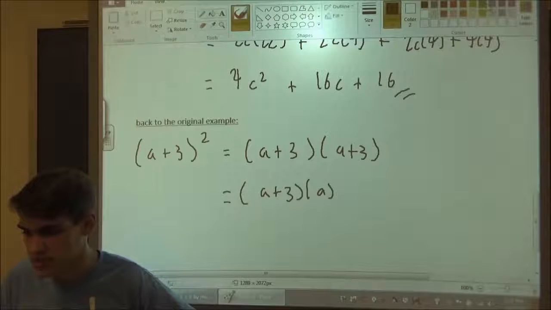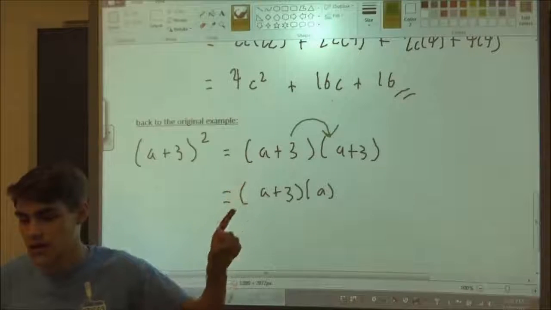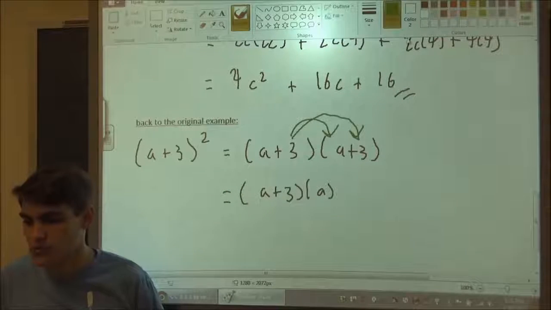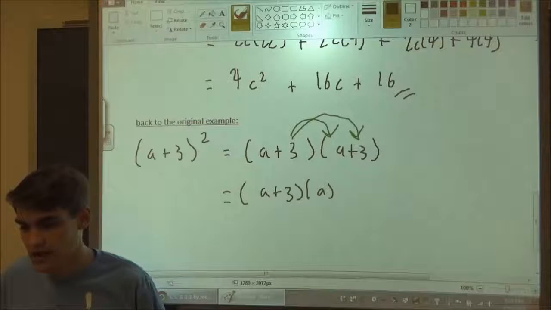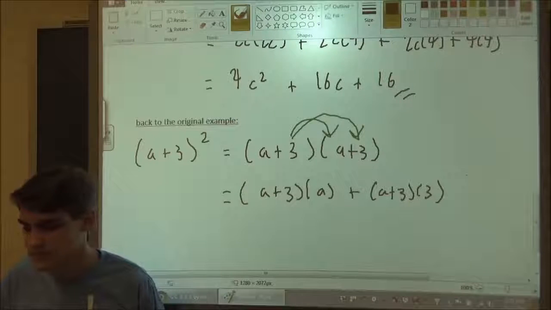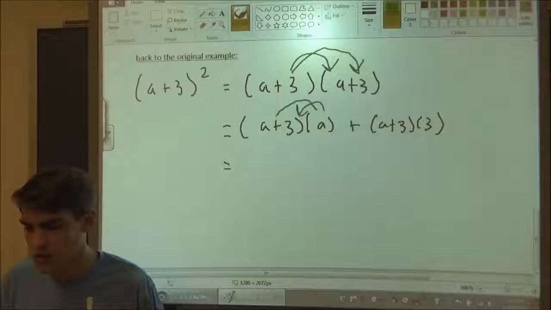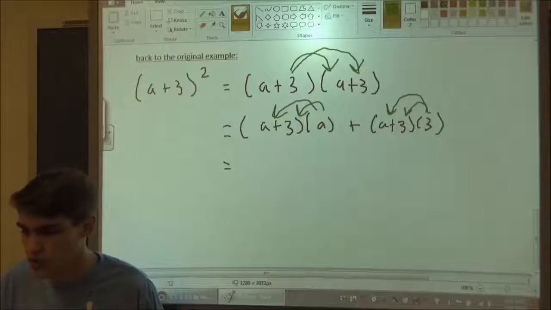Now, distribute this. I'm going to put this in green. We want to treat a plus 3 as its own quantity and distribute it into the next parentheses. So we get a plus 3 times a plus 3 times 3. And then distribute this back in on both terms.